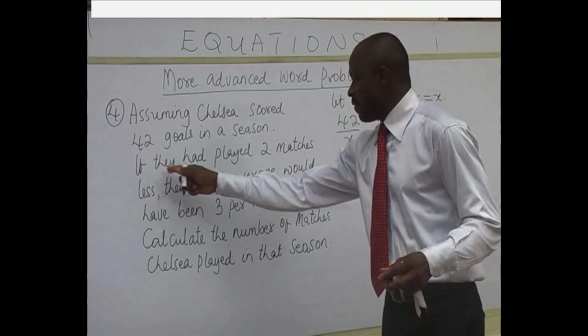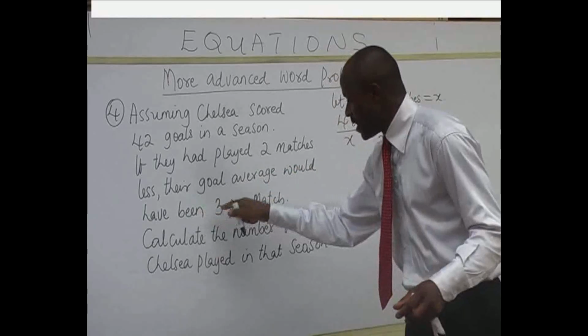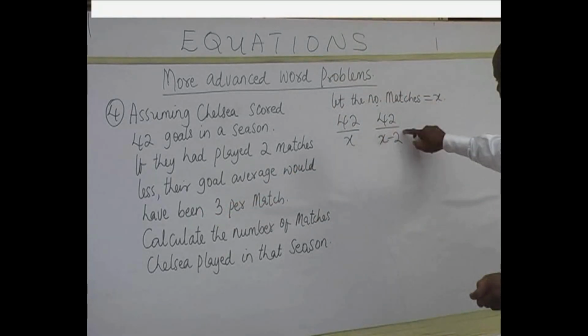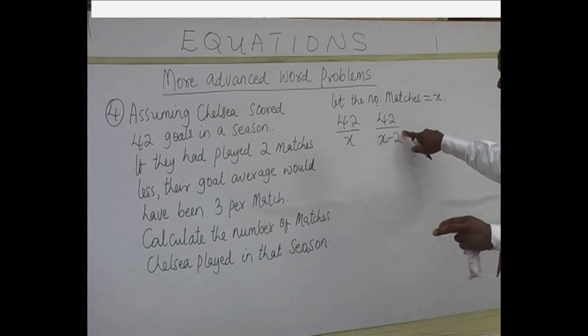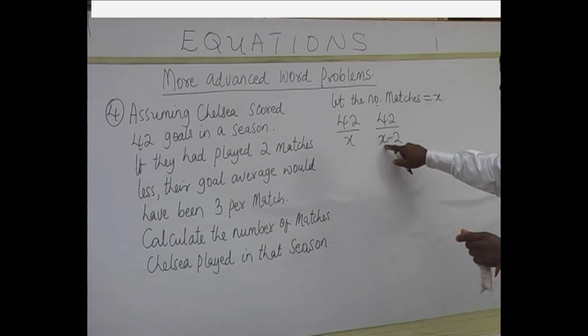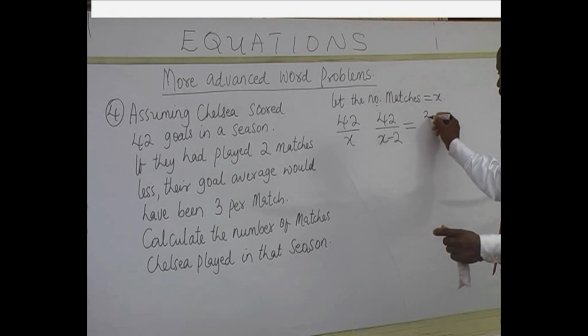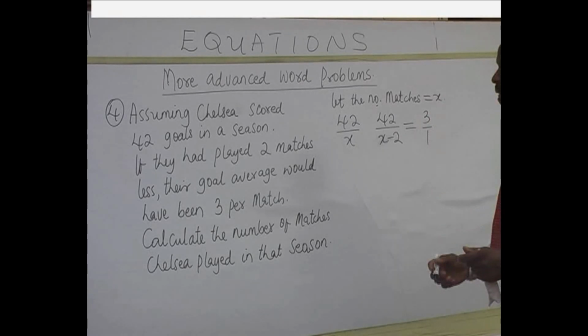That means if they had played 2 matches less, their goal average would have been 3. So 42, the number of goals they scored, over X, the number of matches they played, minus 2, if they had played 2 less, will be equated to the average, which is 3.